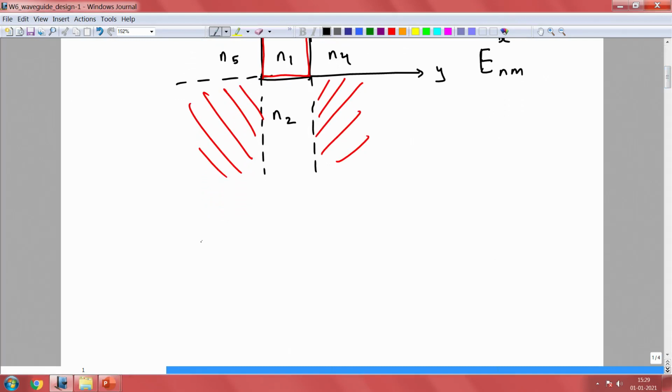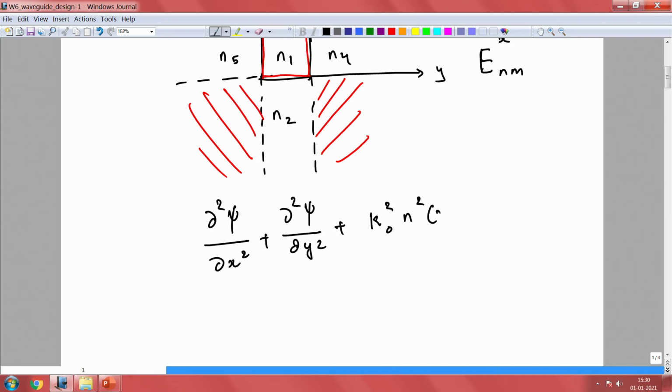if chi is your wave, you could write something like this: d²/dy² plus k naught square n squared x comma y minus beta square chi equal to 0.